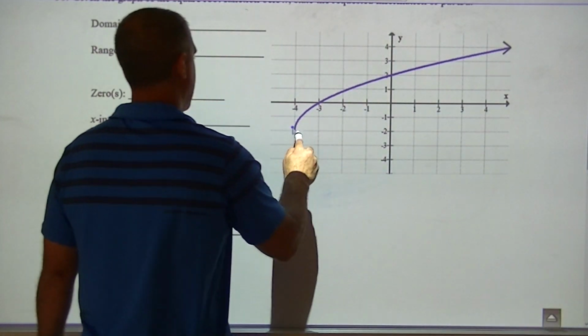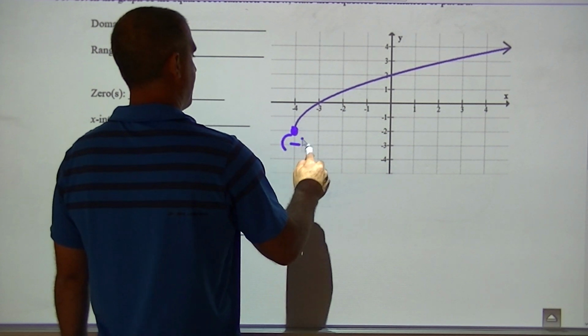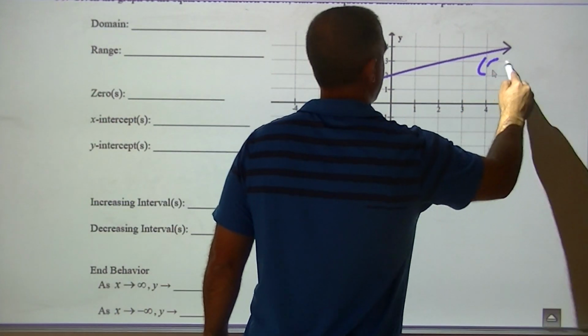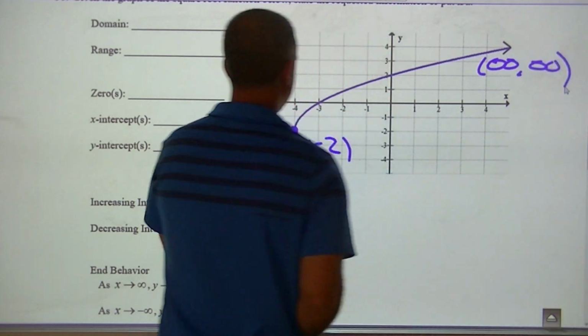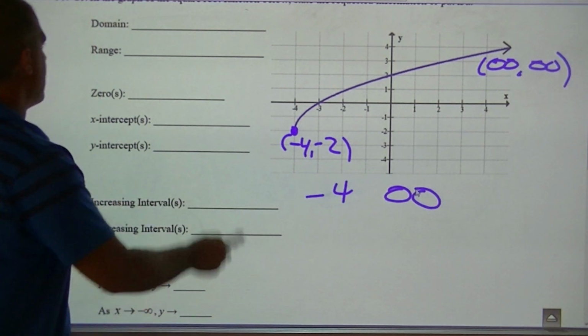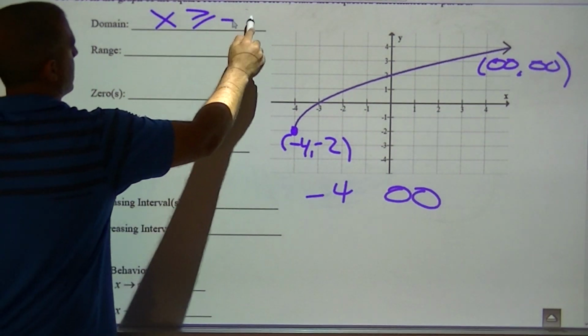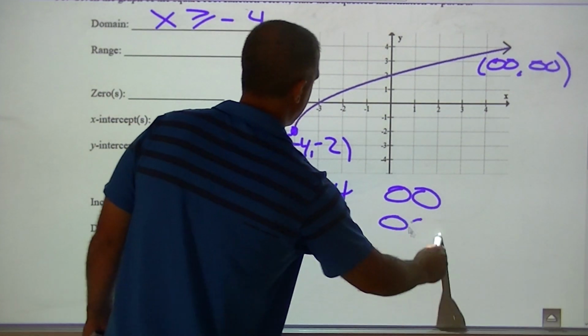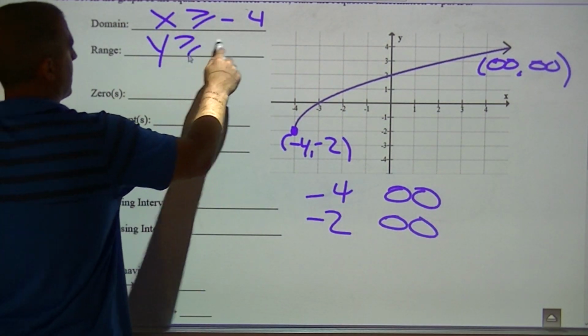Okay? 36, this is a review question, so make sure you do it. Okay? I would label this as -4, -2. To do the domain, also label this arrow infinity, infinity. My smallest x value is -4, biggest is infinity. So I have x is greater than or equal to -4. For my range, it's -2 and infinity. So that's y is greater than or equal to -2.